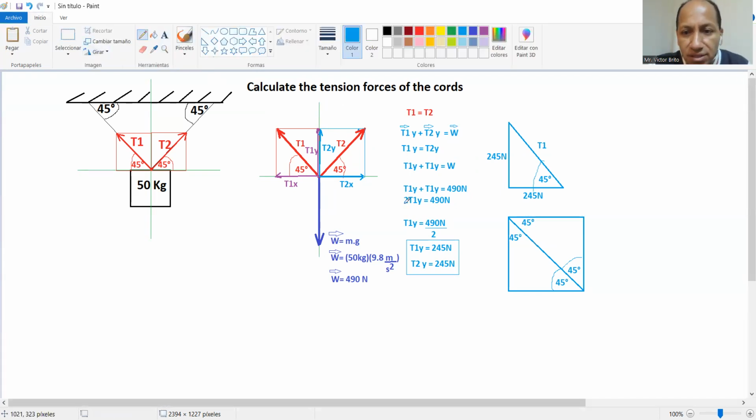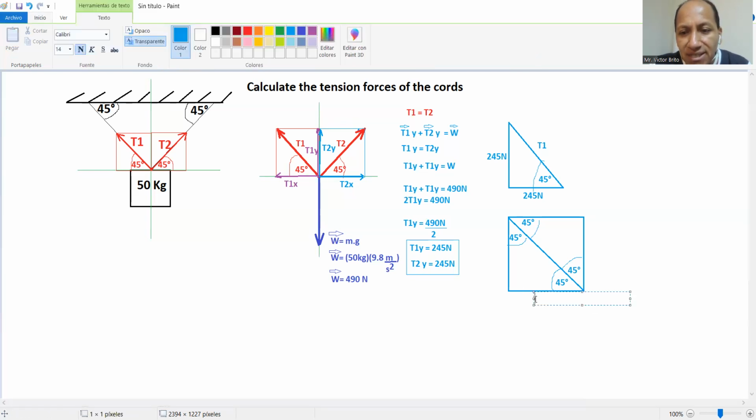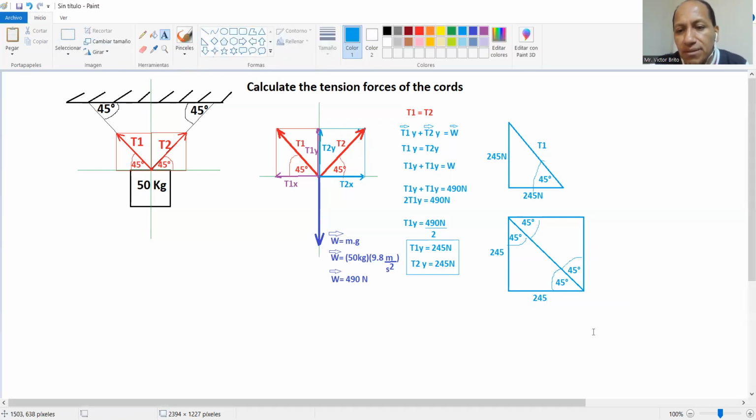Oh, so that makes lots of sense in terms of this one, this one. For that to be correct, like I said, this applies only in perfect squares. That means if this side is 245, by definition this other side must have the same measurement, because this happens with 45 degrees and 45 degrees just in perfect squares, and perfect squares have the same length on all of the sides.